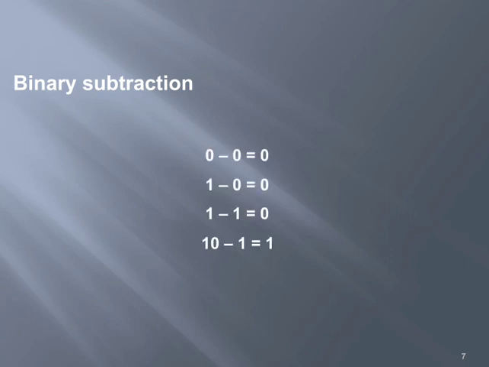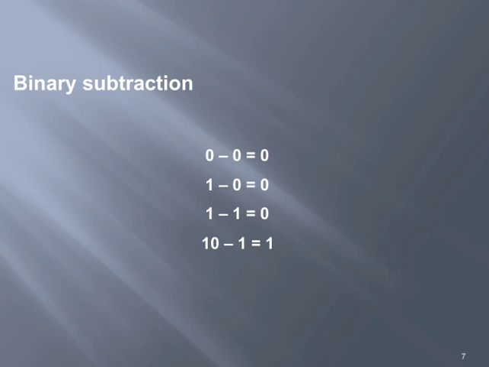Since you have only two numbers, 0 and 1, it will be 0 minus 0, which will be 0, and 1 minus 0 will be 1. And 1 minus 1 will be equal to 0, and 0 minus 1: you cannot subtract 1 from 0.